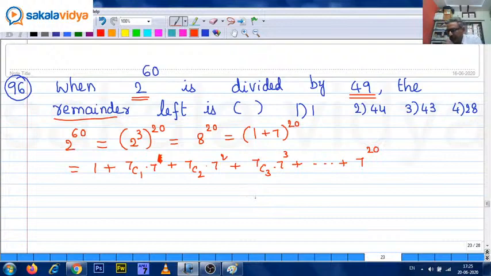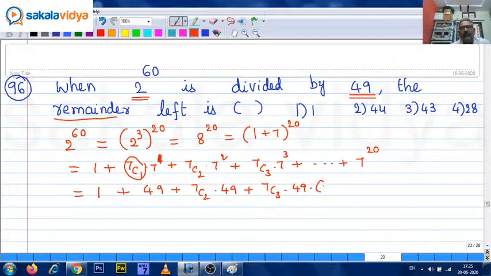Okay, now this can be written as 1 plus 7c1 is 7, 49 plus 7c2 into 49 plus 7c3 into 49 into 7, and so on, 49 into 7 to the power of 18.